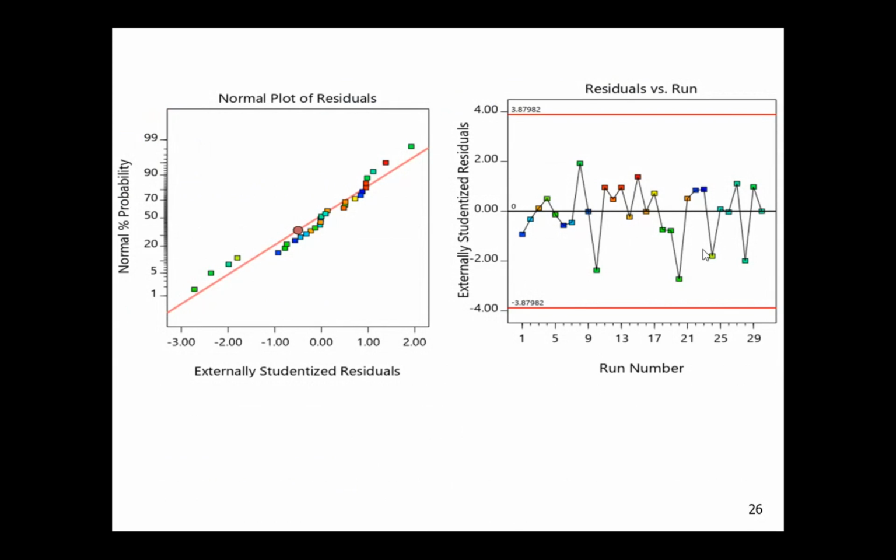In the residual versus run plot, an upper limit and a lower limit will be formed, and for each and every experiment, in this case 30 experiments were performed, you can see in the first experimental trial what is the error and how it is being varied. The maximum comes under the 8th and 10th experiments, which are higher, and also the 20th experiment. So a large variation is observed. That also we can interpret.